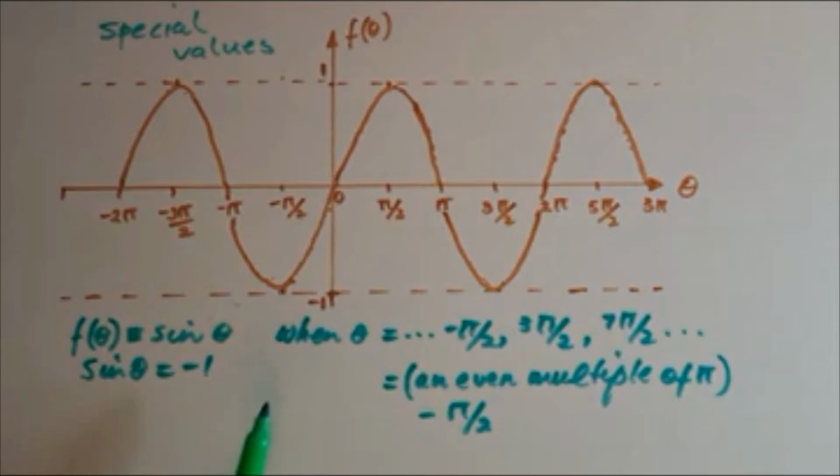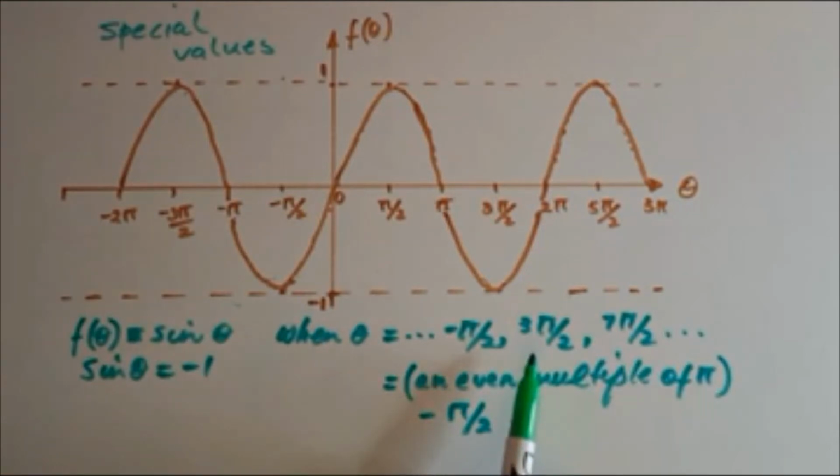If it's 2, sorry, even 2 pi, we have 2 pi minus pi over 2. So the second value here would be a multiple of pi, which we have as 2 pi, which is the same as 4 pi over 2, and if you take away pi over 2 from that, we'll get 3 pi over 2.